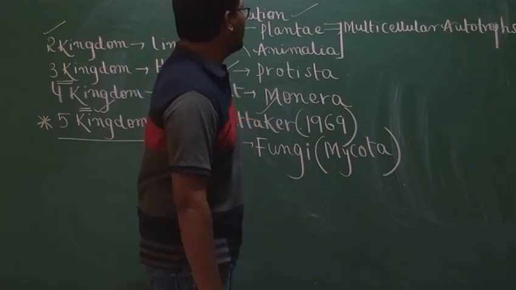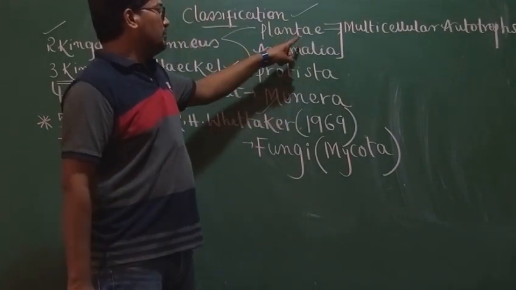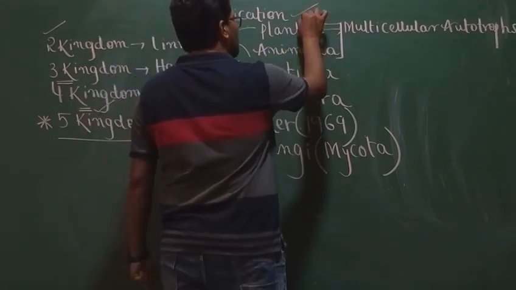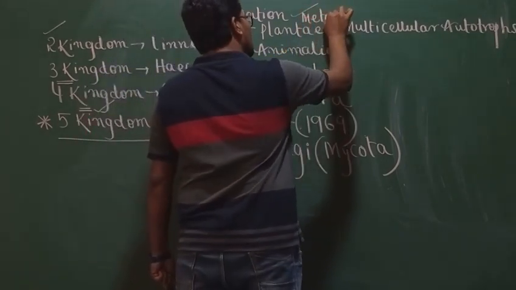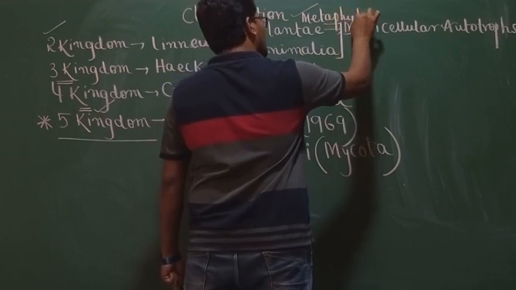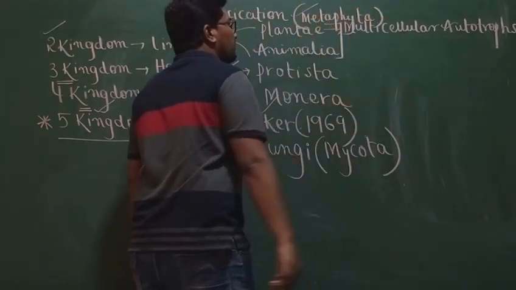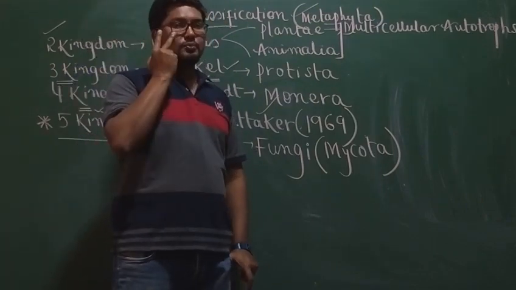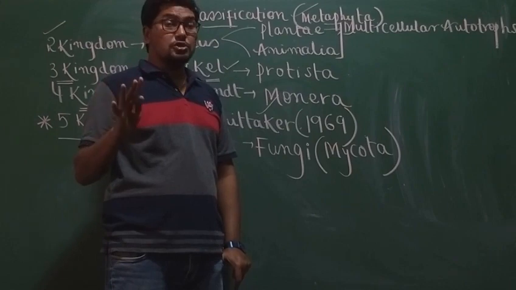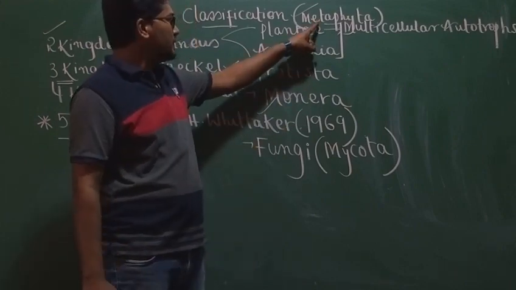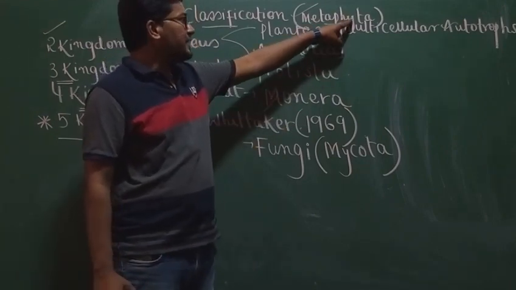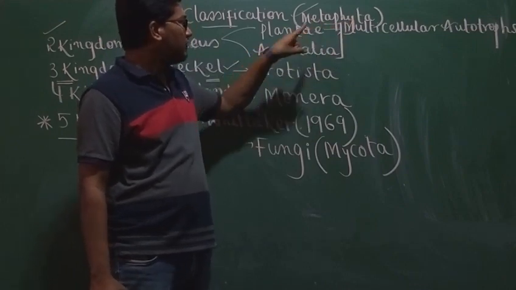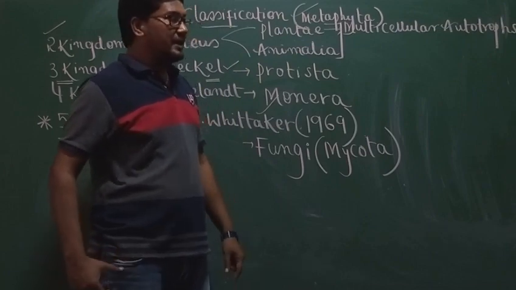So students should remember: Plantae is the kingdom of multicellular autotrophs. Plantae is also called metaphyta. Actually we use the words protozoans and metazoans. Protozoans means unicellular, metazoans means multicellular. Phyton means plant. So kingdom Plantae has another name. What is that other name for Plantae? It is also called metaphyta.